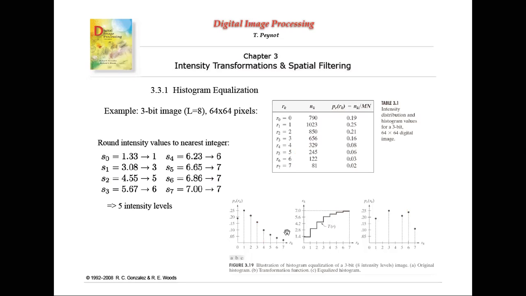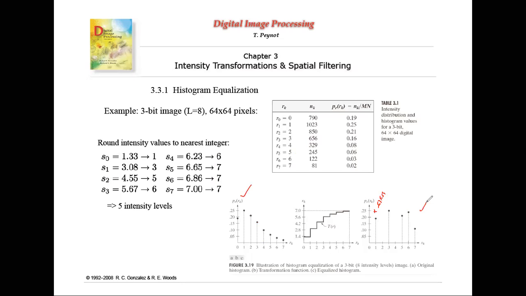So this is the original histogram PR of R. Now this is not the histogram, this is the probability distribution function. You multiply each value with 64 cross 64, then you will get your histogram. Okay, for the timing, this is my probability distribution function only.